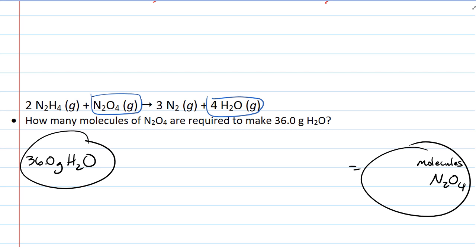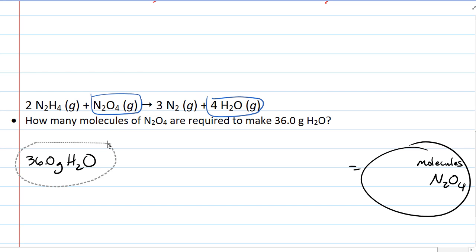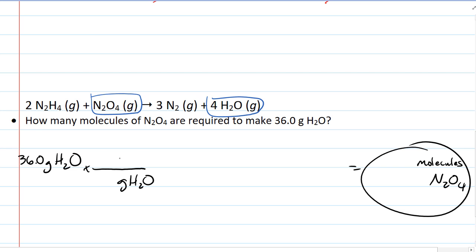So we need to convert the 36.0 grams of H2O over to moles. What do we put in the bottom? Grams of H2O. What do we put on the top? 1 mole of H2O. How many grams do we want to put in down here?